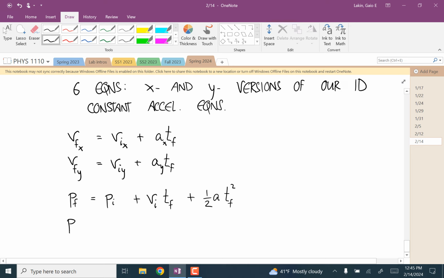And we have 2 of those. The first one has all x components, and the second one has all y components.